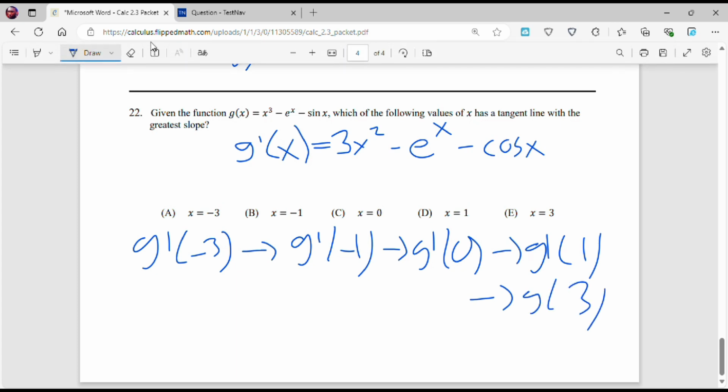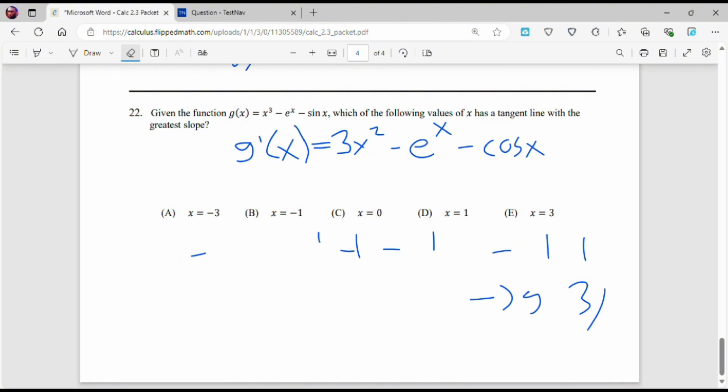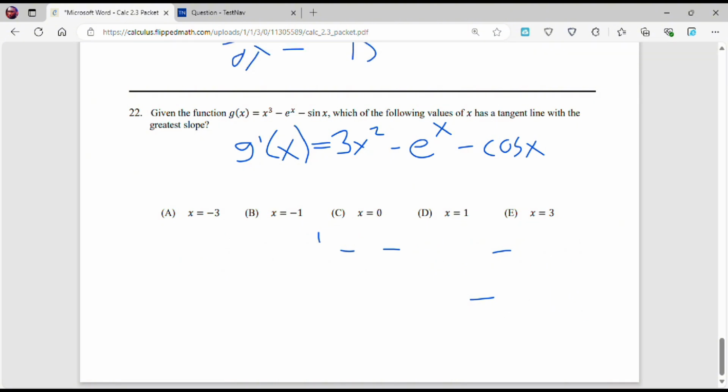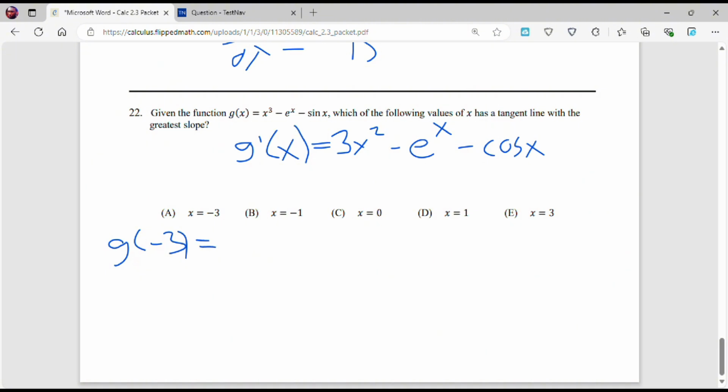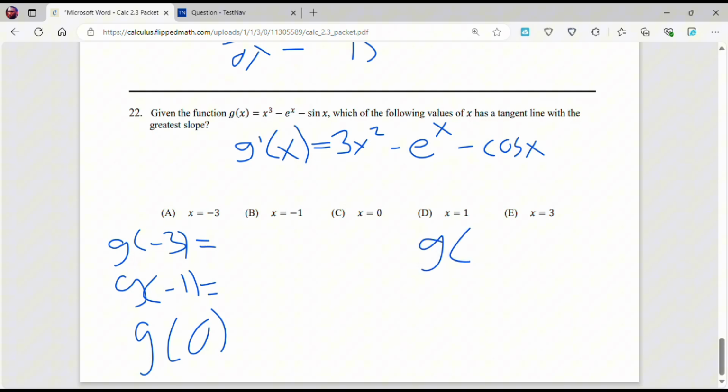Okay? And so with that being said, I am going to start from left to right, and I'm going to make sure that I write down all of these values so that we can compare at the end to see which x is going to give us our largest slope.